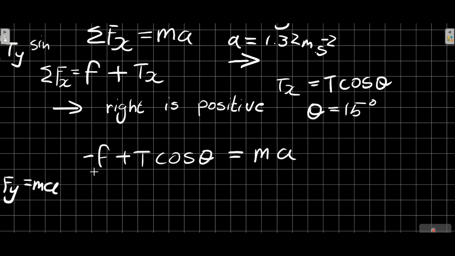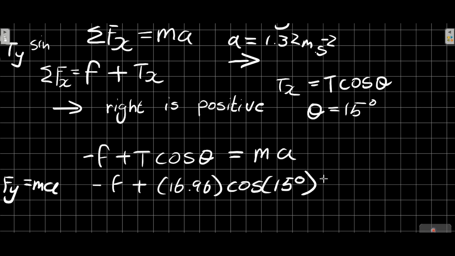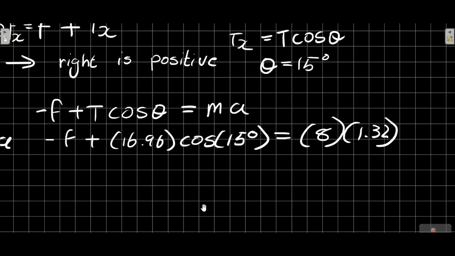So now we have negative F, and we have T, 16.96 cos 15 degrees, equals mass 8 kg times acceleration 1.32. It's to the right, so we chose right as positive, so that remains positive.